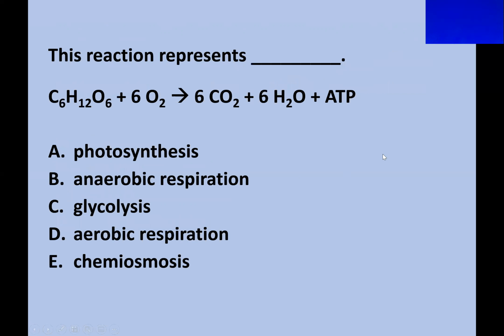This reaction represents, excuse me, sorry, my throat is just really clogged this morning. So this is aerobic respiration. We've got oxygen, that's aerobic, and we're going from glucose and oxygen, and we're making a lot of ATP.